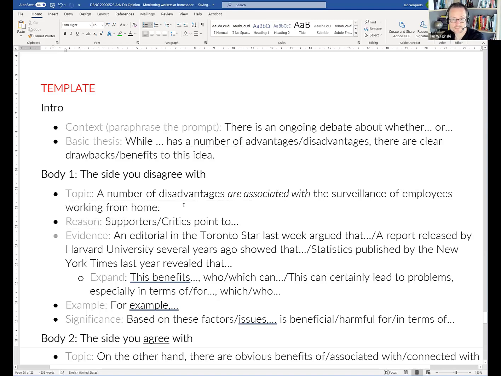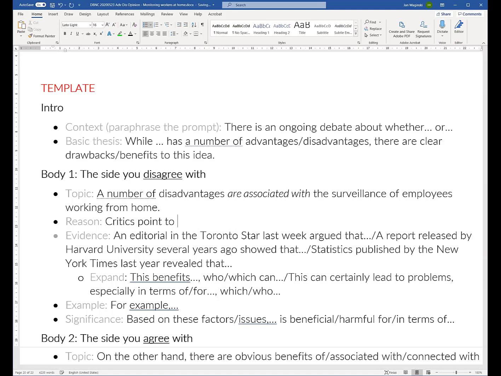Okay. Critics point to the, I have to mention, right? Yeah, so this is our reason. Critics point to the, I want to say again monitoring. Okay, to surveillance. But how would you summarize the main criticism?